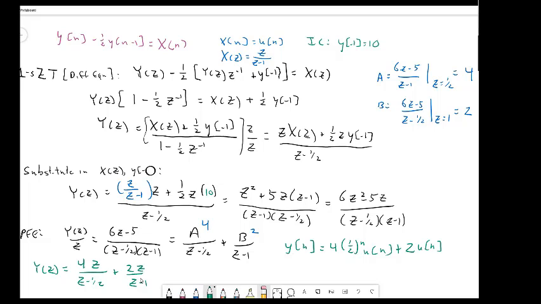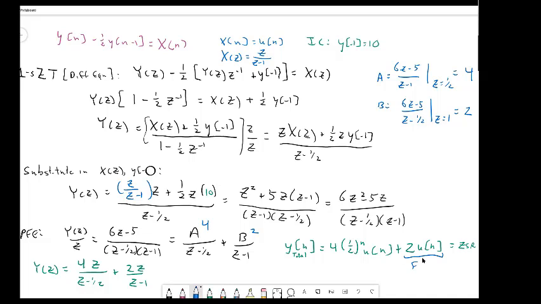And that is the total response. That's the zero state response and the zero input response together, all solved simultaneously, not separately. And in fact, we can identify, we put in a unit step, we got out a 2 unit step, the same basic form.